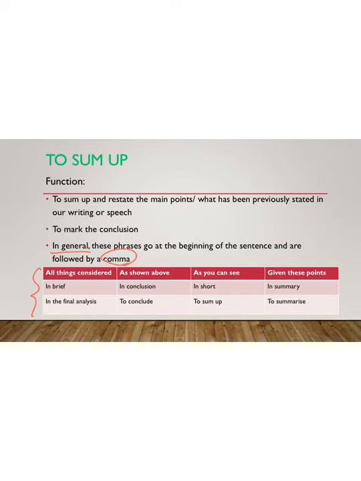"As shown above," "as you can see," "given these points," "in brief," "in conclusion," so these are more common to you, right? In brief, in conclusion, in short, in summary, in the final analysis, to conclude, to sum up, to summarize.